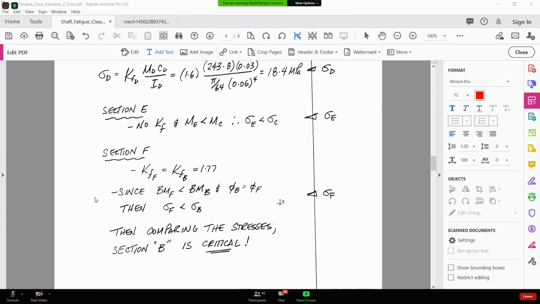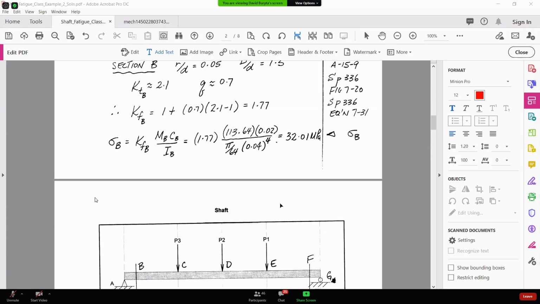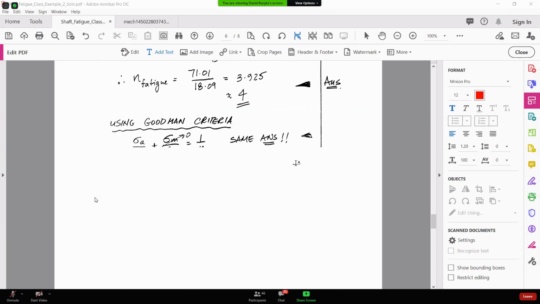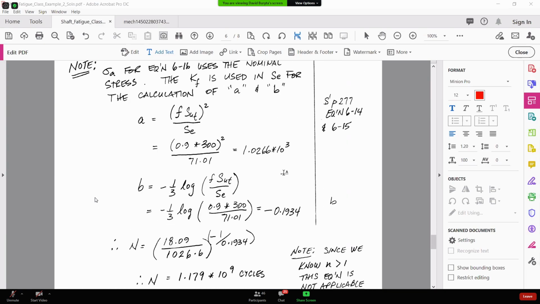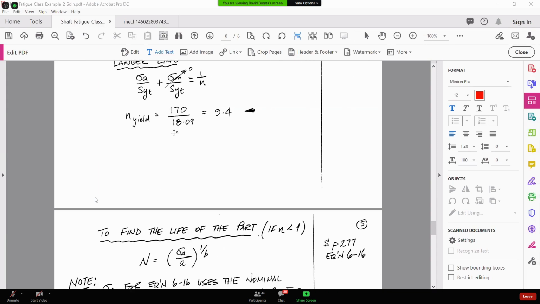Some people would use, at that point B, what did we get for B for the maximum stress? 32.01. Try this: instead of 18, put in 32.